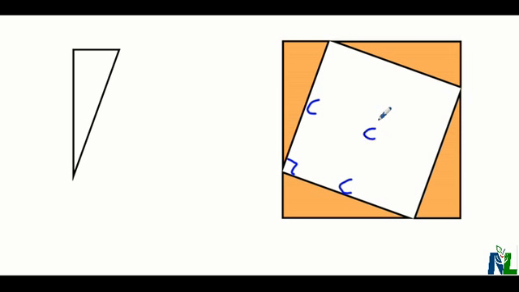So the area inside here is C squared. What I want to do is move around these 4 triangles and preserve the larger area, and show that C squared can be rearranged to be A squared and B squared added together. I'll show you how that's done.